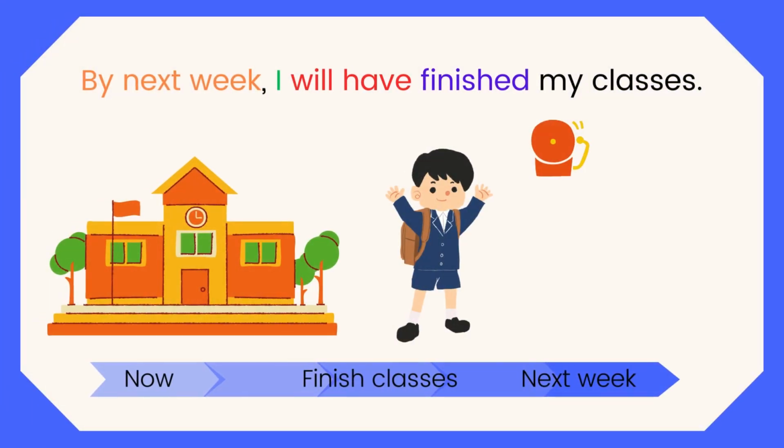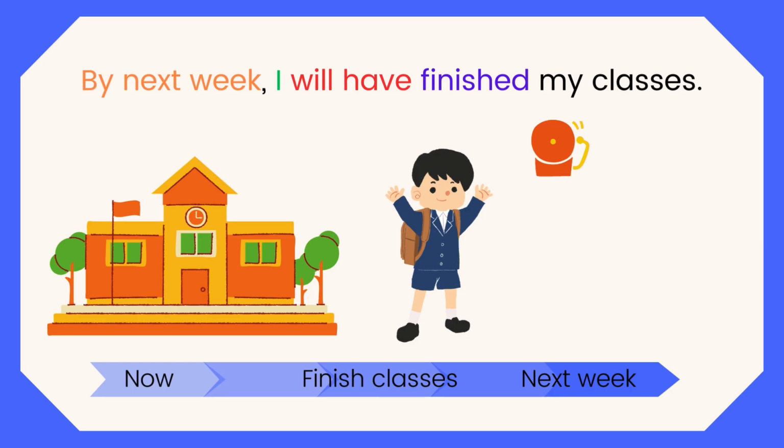Here's another example. And as you can see here, the time phrase can come at the end of the sentence, or it can be the first part of the sentence, like it is here. So if I say, by next week, I will have finished my classes, that means when next week comes, my classes will be finished.